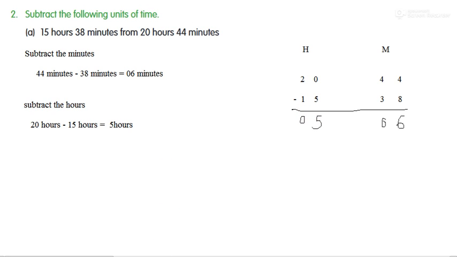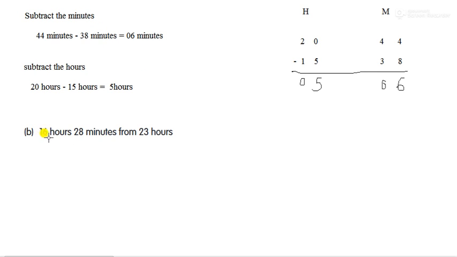Now the B bit. Here in the B bit, 16 hours 28 minutes from 23 hours. So here they have not given the minutes. So what we have to do first, we have to take it from an hours hand. So here we have 23 hours 00 minutes.